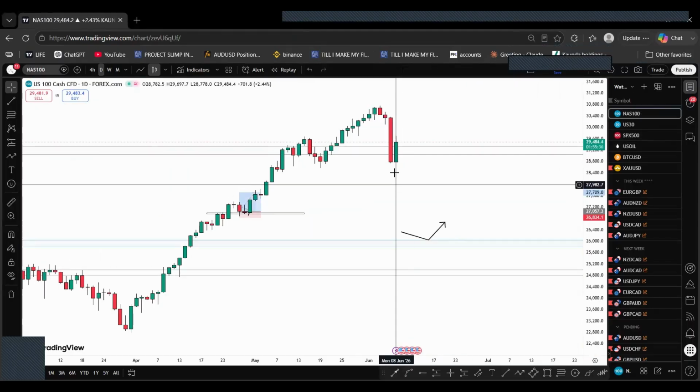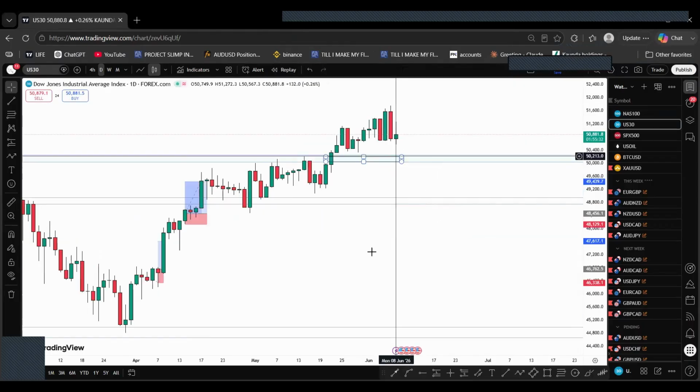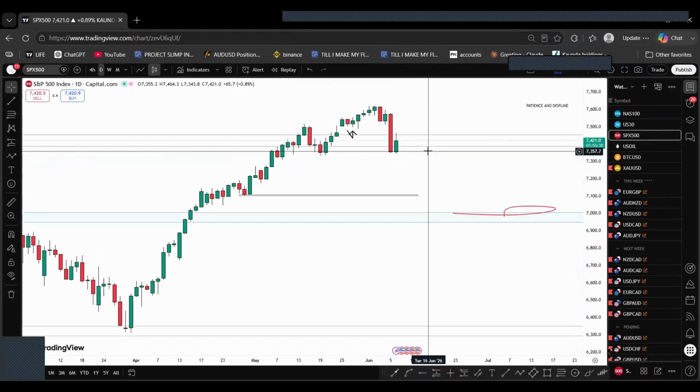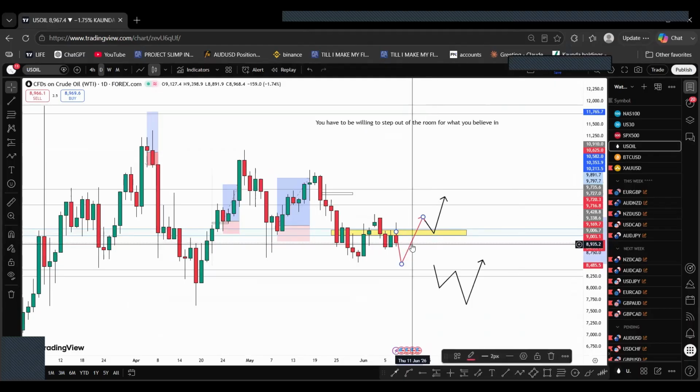Let's just go through our close. One last day, having this Monday close, US30 that Monday close, S&P 500 having that close, US oil, I like what I'm seeing.